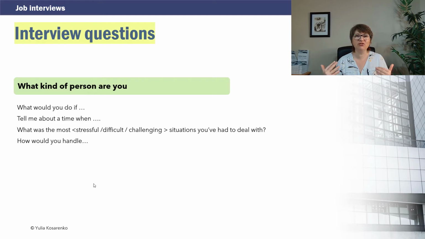But as a general guideline, think about preparing several stories from your actual experience, both positive and negative, and then practice telling those stories.